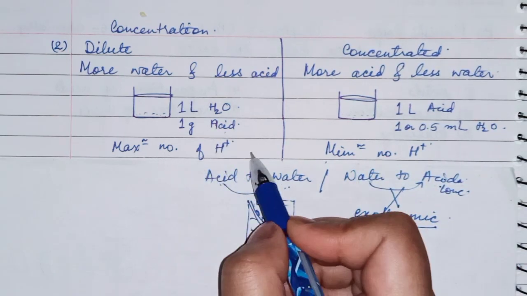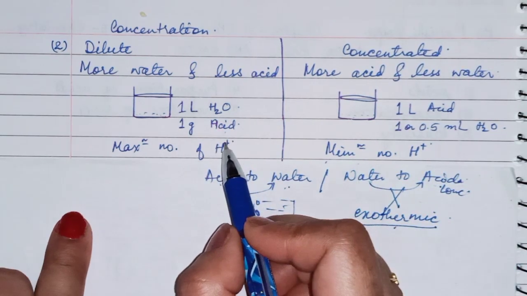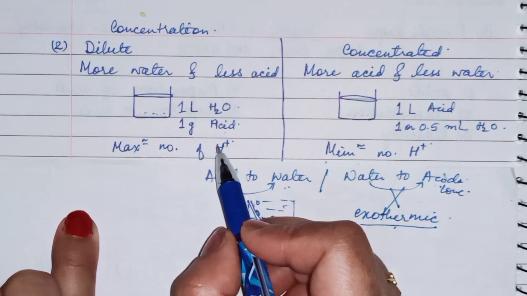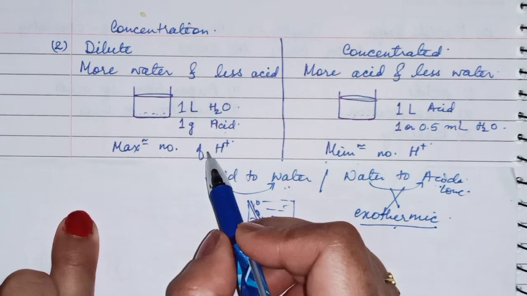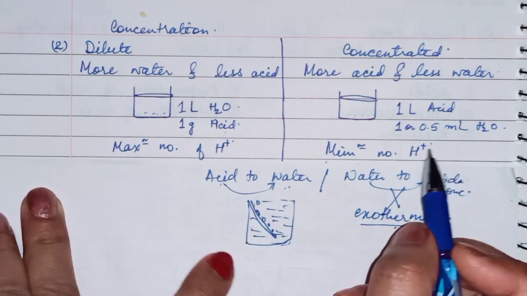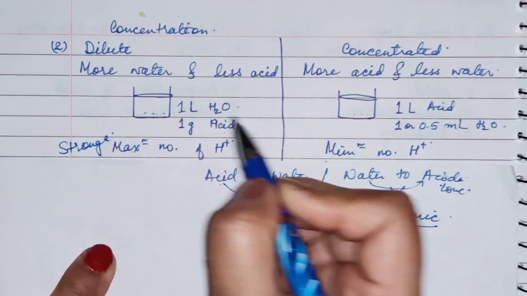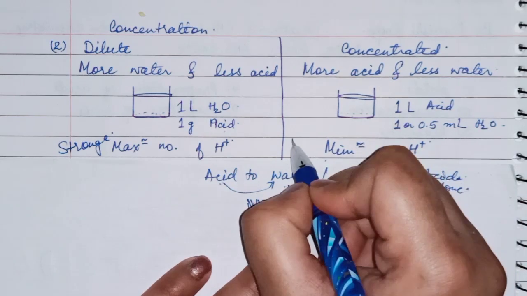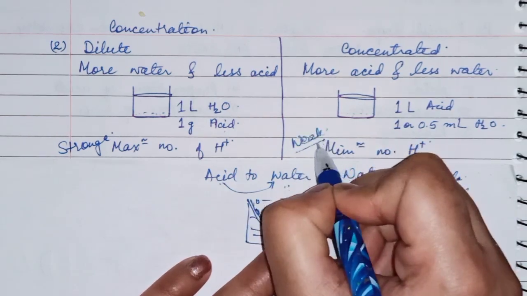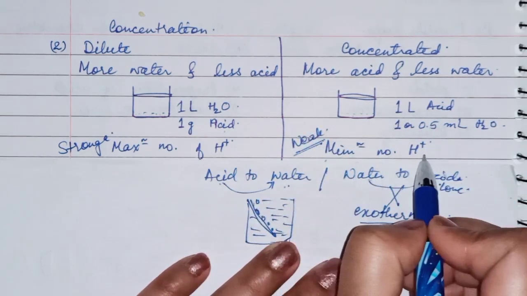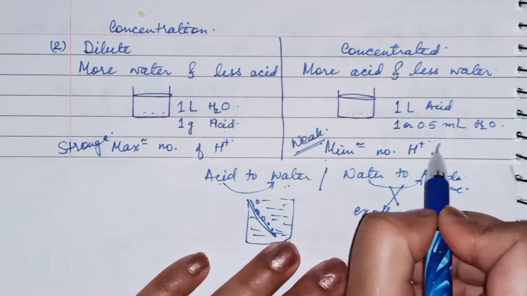So dilute acid is a stronger acid than concentrated. Concentrated is weak acid. Why is it weak? Because the H plus ions are fewer here.